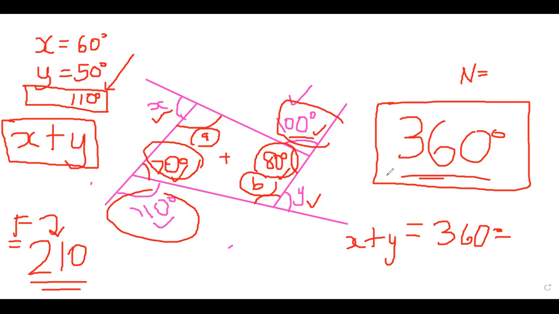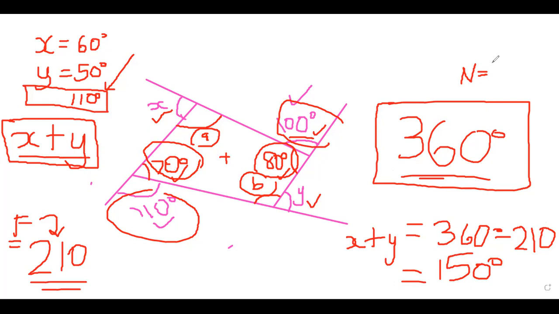Do you all understand? So 360 minus 210 is only 150 degrees. That's the correct answer for x plus y.